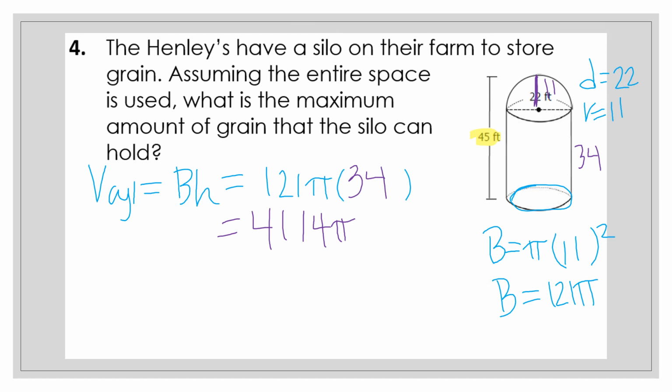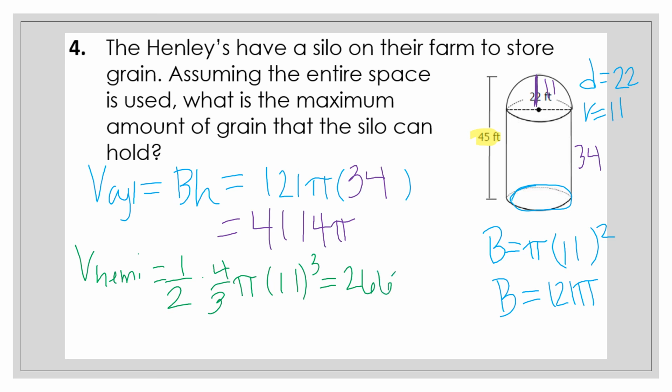For our hemisphere, since it's half the volume of a sphere, it's 1/2 times 4/3 pi, and the radius is 11 cubed. So we do 1/2 times 4/3 times pi times 11 cubed, which gives me 2,662 pi over 3.